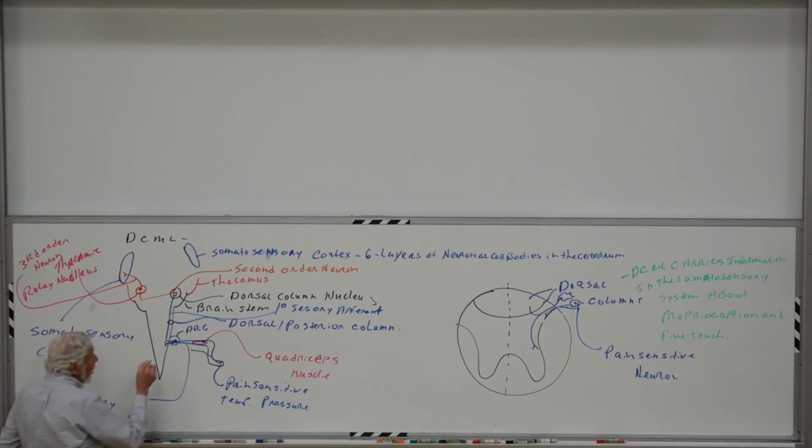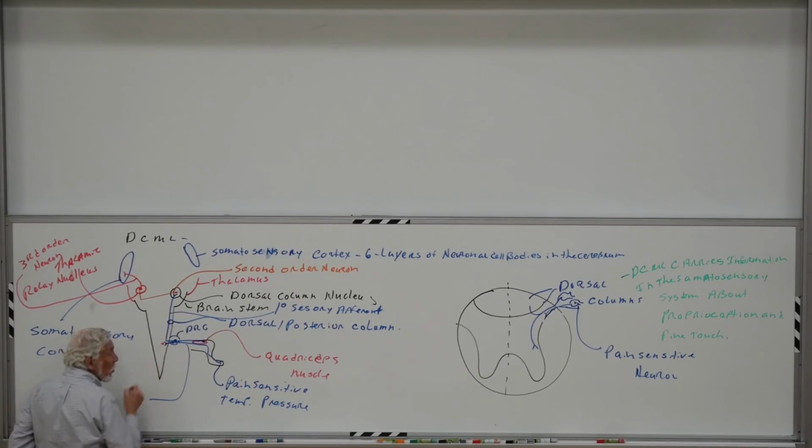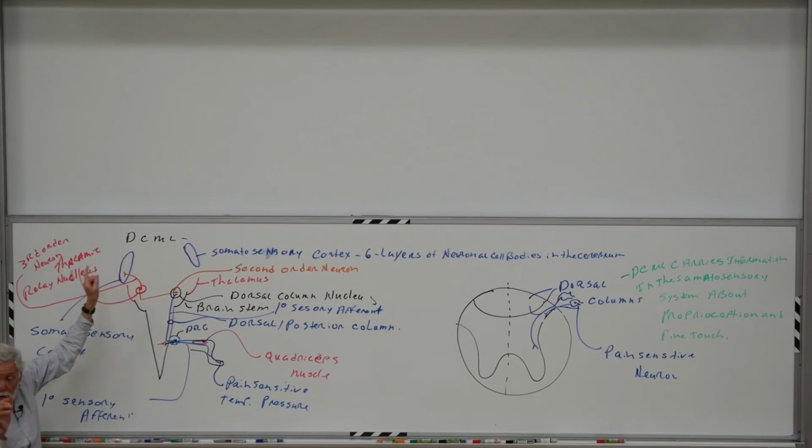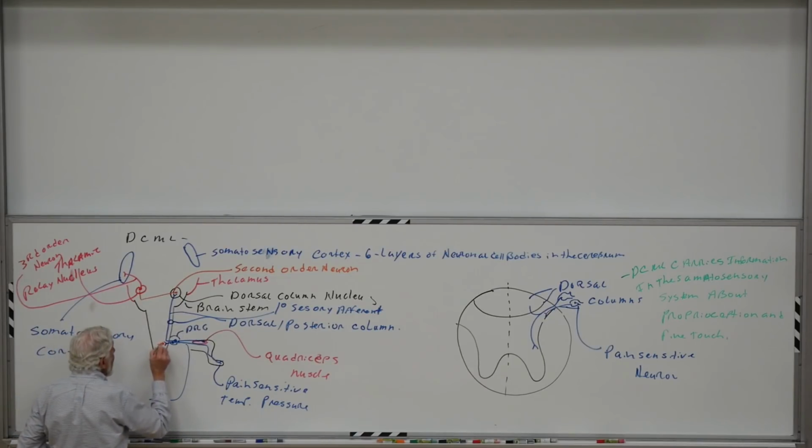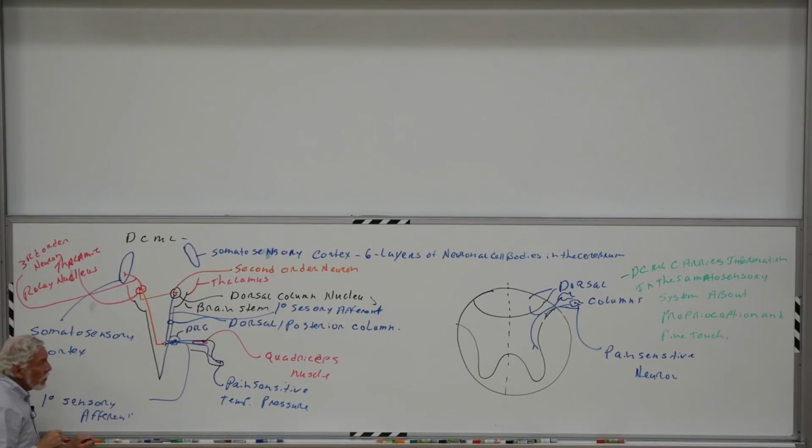So the second-order neuron has its neuronal cell body here in the spinal cord, sends a process across the midline, because remember the rule is the second-order neuron always crosses the midline, comes across the midline and ascends the cord on the opposite side and finds its way here to the thalamic relay nucleus.